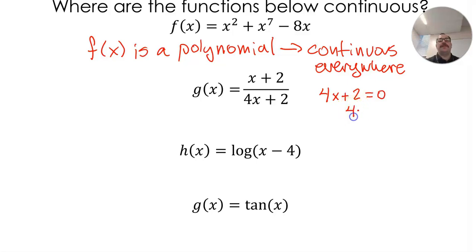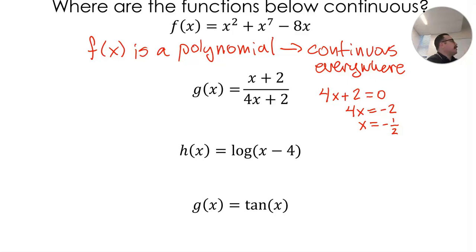So moving that 2 over to the other side, and then dividing by 4, you get that x equals negative 1/2. So that means that that rational function, except for negative 1/2, it has values everywhere.